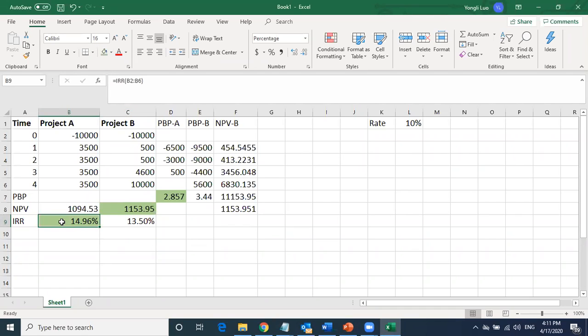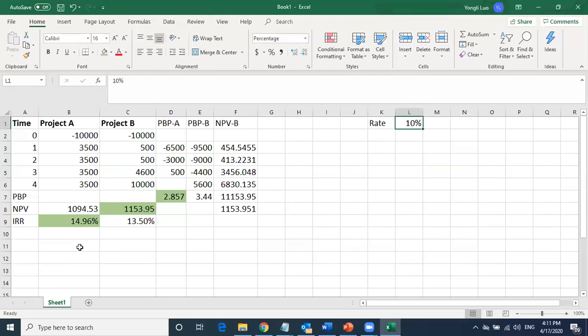Project A's is higher, so you choose project A. If they are independent, both projects are acceptable because all of these numbers are greater than 10%.